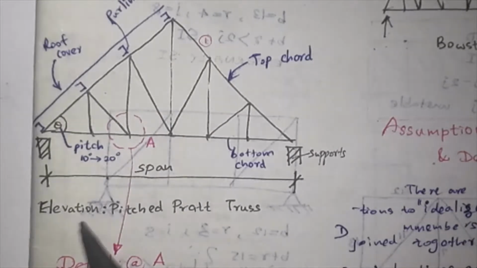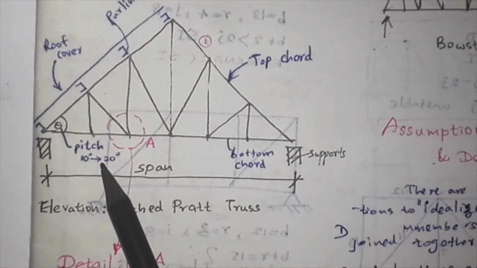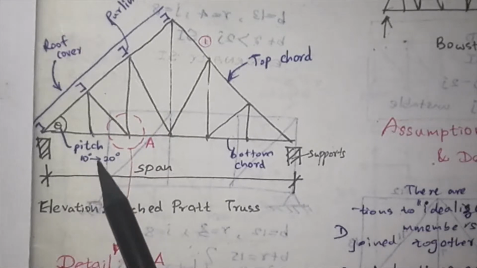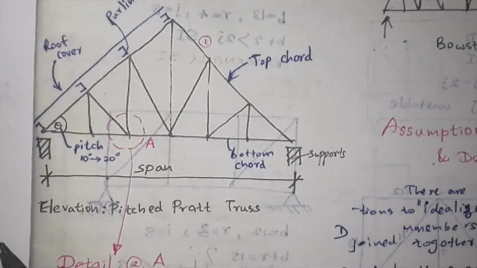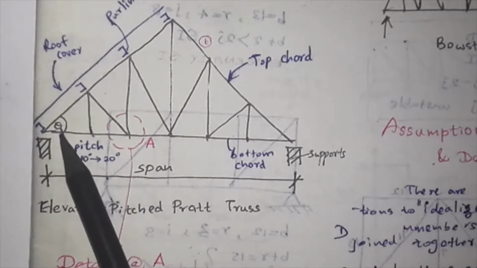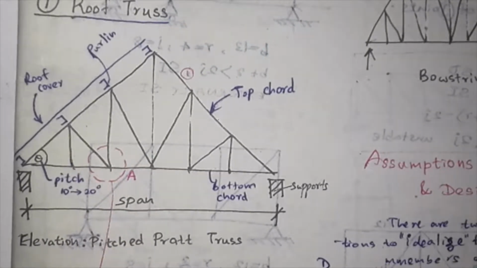Here in this truss the roof angle theta is called the angle. It can be 10 degrees, 20 degrees, 18 degrees, 15 degrees, or whatever it is, but it should be a practicable angle. We call it the pitch of the roof or pitch of the truss.